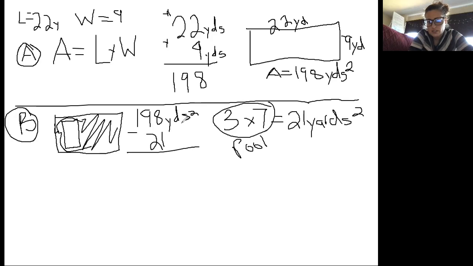And we know it's yards squared, okay? So 8 minus 1 is 7. 9 minus 2 is 7. And 1 minus nothing is 1. So we know that without the pool, it is 177 yards squared.